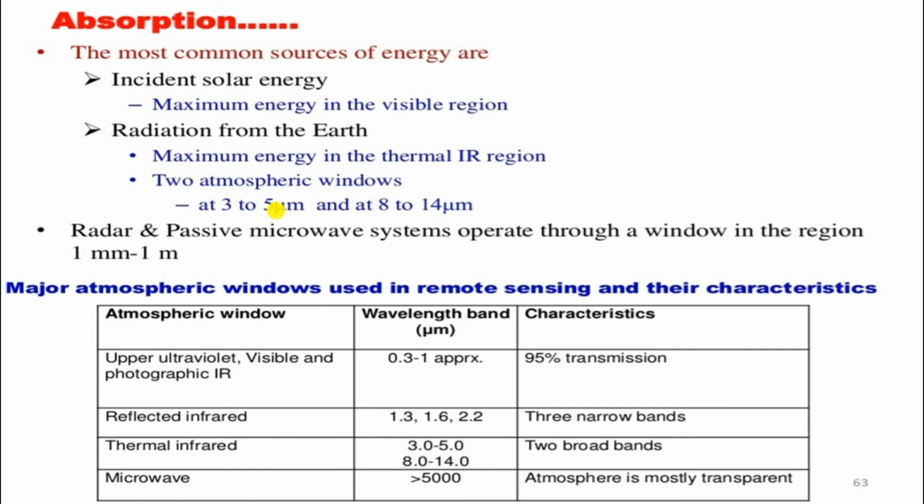Radar and passive microwave systems operate through the window in the region 1 mm to 1 meter. So generally in remote sensing we use microwaves and infrared. Both are used in our remote sensing procedure, and these are called atmospheric windows.